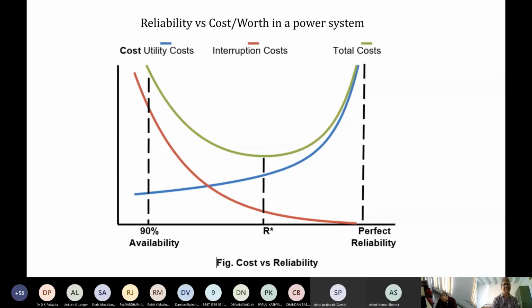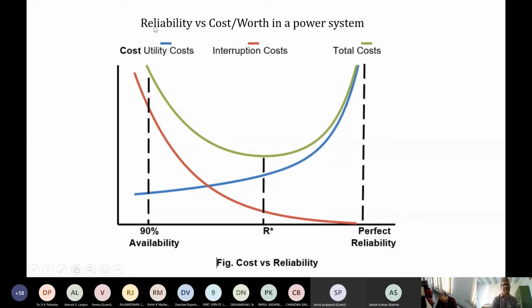So you can see on this left hand side we have high unreliability cost or high interruption cost, and that interruption cost is incurred by the customers.